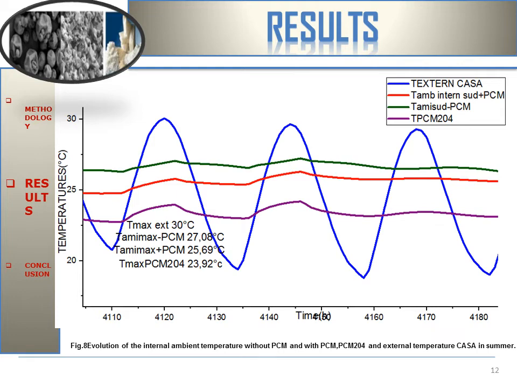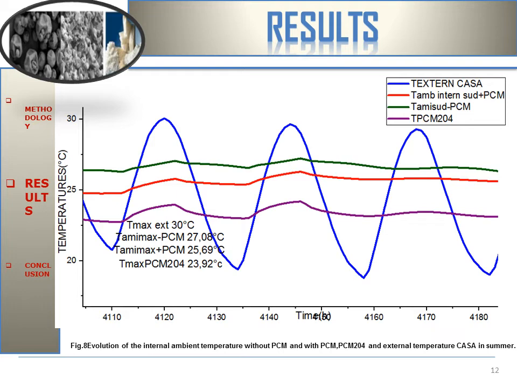Figure 8 presents the evolution of the internal ambient temperature with PCM and without PCM, type 204, and external temperature in Casablanca in summer. Figure 8 and Table 1 show the evolution of the internal ambient temperature with PCM and without PCM, and external temperature in summer.